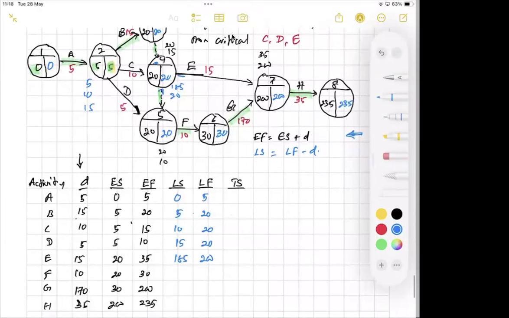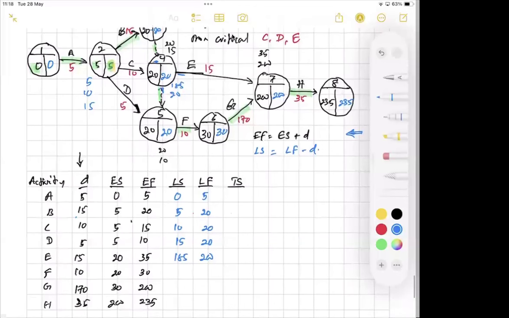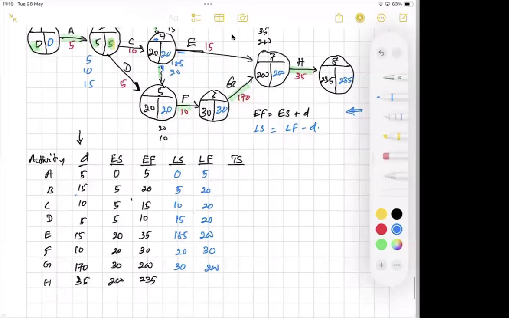Activity F, head event is event number 6. Right hand side value is 30, 30 minus 10, 20. Activity G, head event is 7, right hand side value is 200, duration is 170, therefore late start time is 30. Activity H, head event is event number 8, right hand side value is 235, 235 minus 35, 200, right?